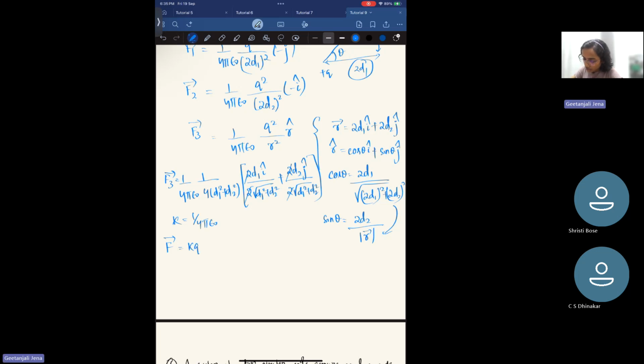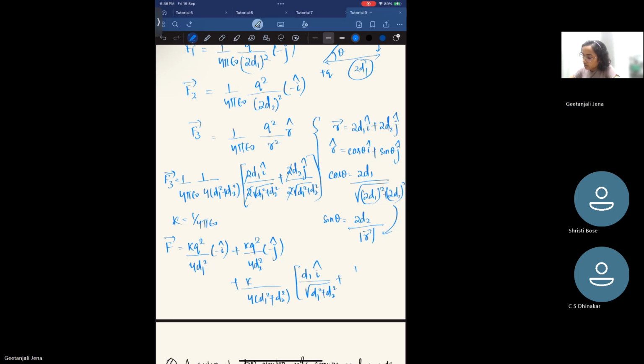So we have K Q square by 4 D1 square minus i cap K, plus K Q square by 4 D2 square minus j cap K, plus K by 4 times D1 square plus D2 square, D1 over square root of D1 square plus D2 square i cap plus D2 over square root of D1 square plus D2 square j cap.